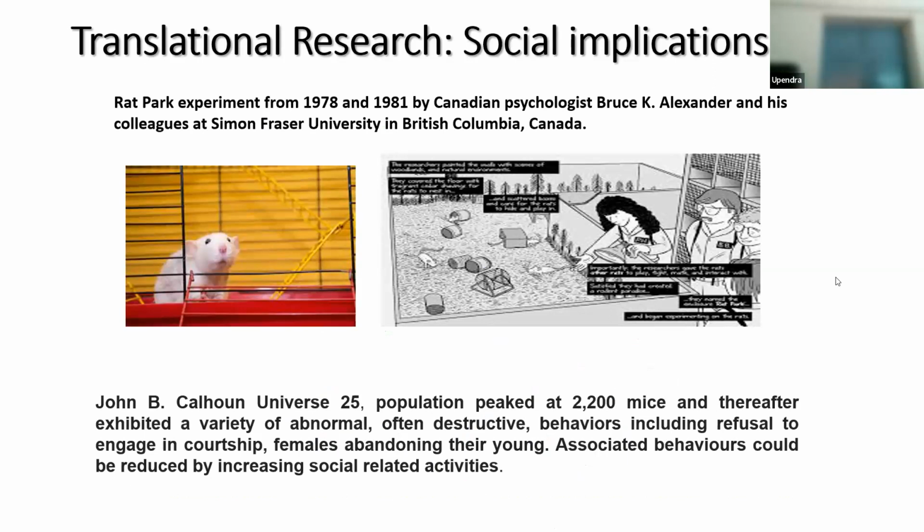John B. Calhoun started with only four mice and just allowed them to breed in a cage. After 25 generations, you have up to 2,200 mice. As the number increases, they go through lots of behavioral changes.